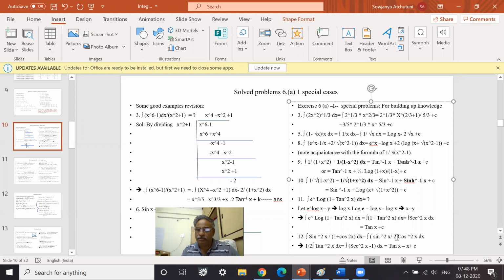Because 2 is there, this 2 we have not taken into consideration. If it is 2 sin square x, this 2 gets cancelled, then it will be tan x minus x plus c. So this 2 is there.